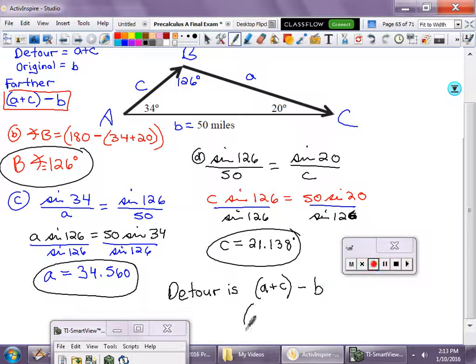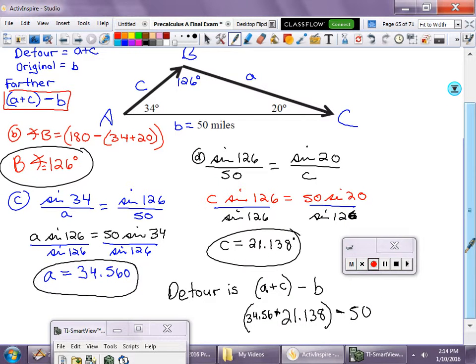Put in those values: a, 34.56 plus c, minus our b value, and b was given.